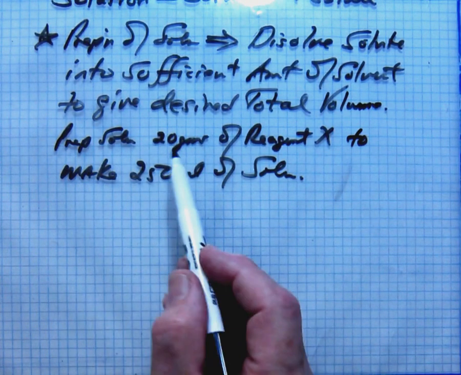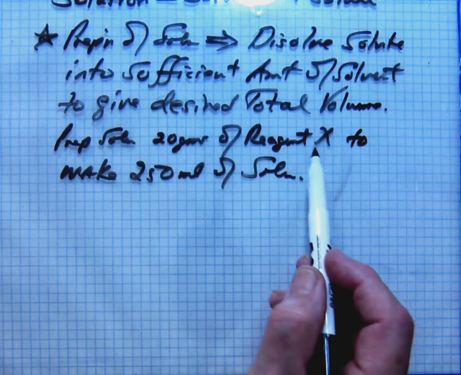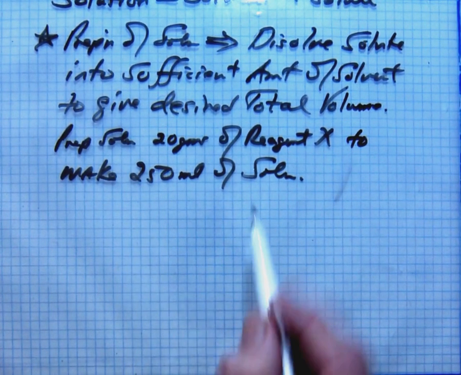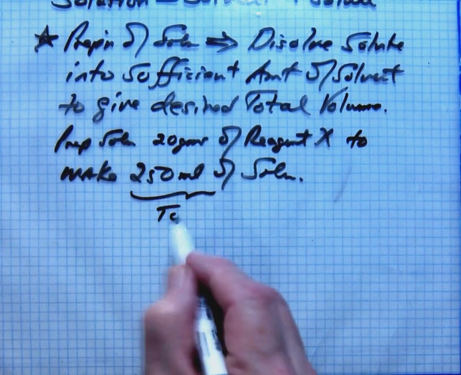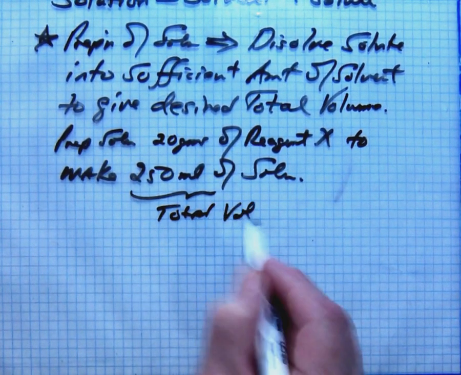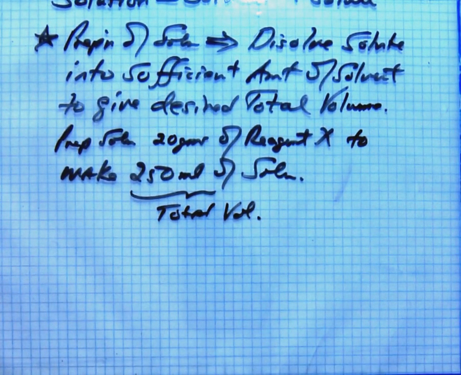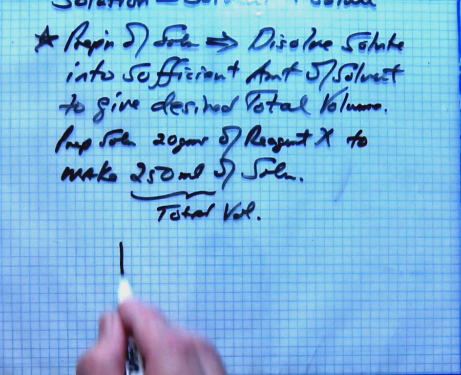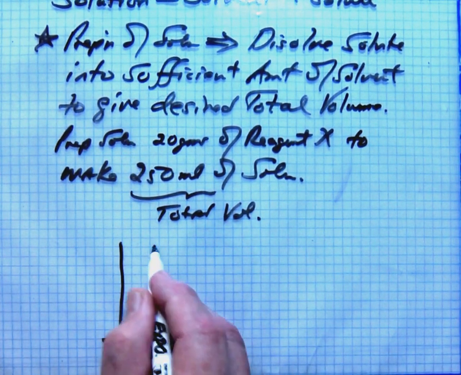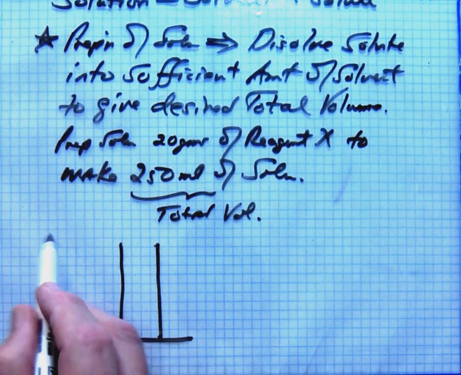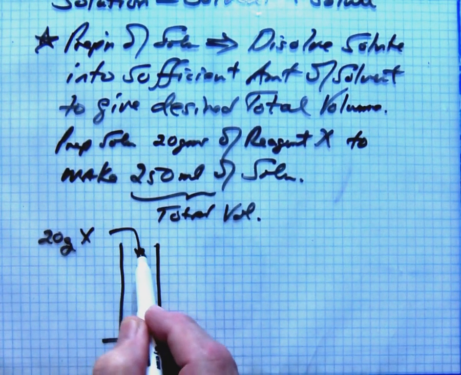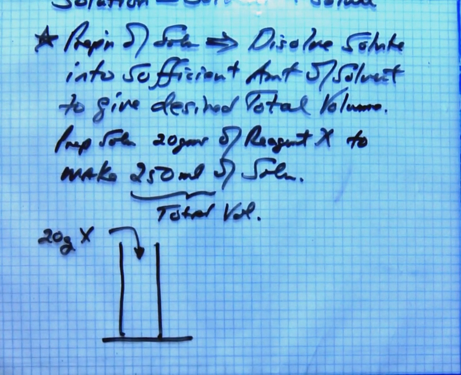So I've said, okay, you're going to dissolve 20 grams of reagent X to make 250 milliliters total volume. Now listen to what I'm telling you when I give you this explanation. What I'm telling you to do is, in a mixing container, say a graduated cylinder, whatever, you're going to take 20 grams of X and you're going to put it into the cylinder.